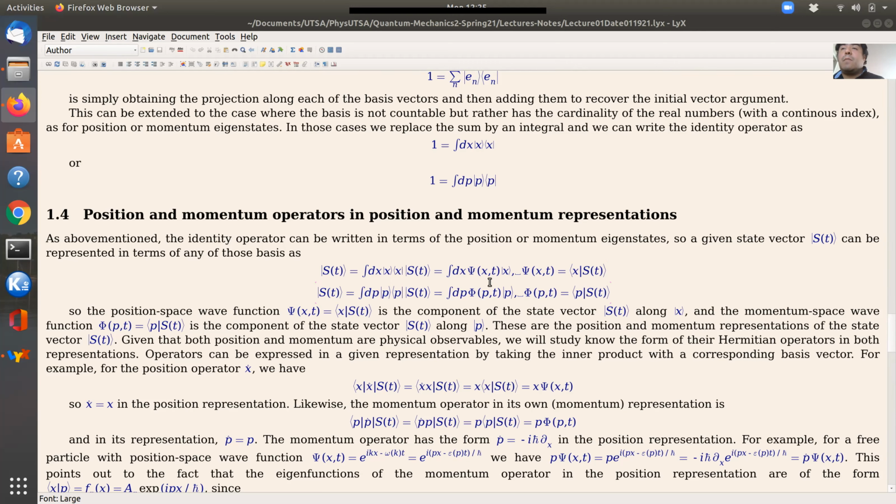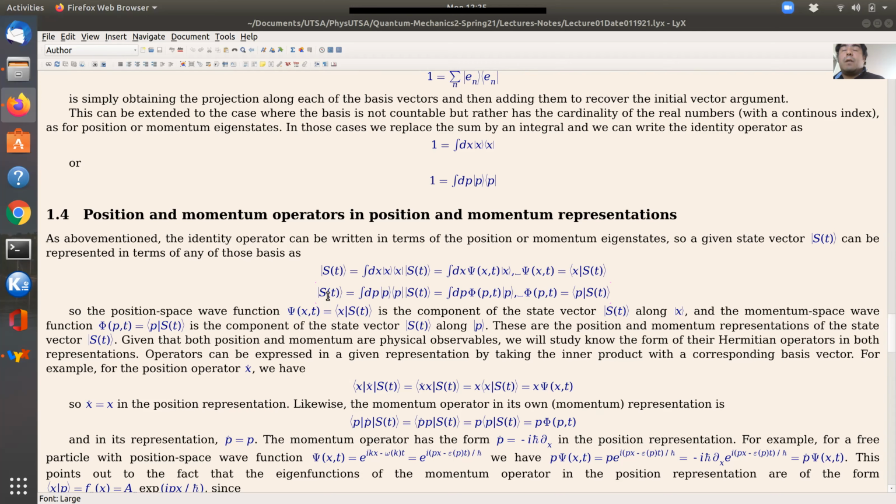And then you have this term over here, which is an integral over dx of psi times the vector x, which is part of the basis of position eigenfunctions. So again, this is just reminding you of the formula that we had before, where psi of x and time is the inner product of x with the state vector s as a function of time.